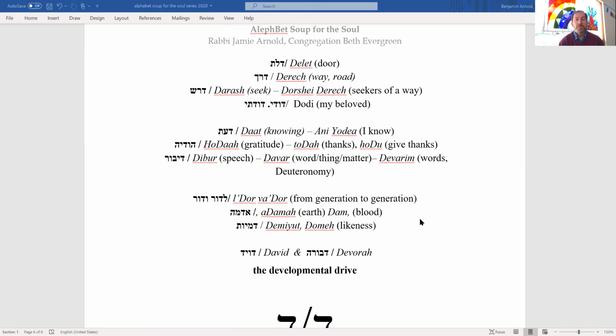Devorah, less is known perhaps about Devorah for most folks. In the book of Judges, there's a song about Devorah and her leadership. She was at once a prophetess and a judge and a general.